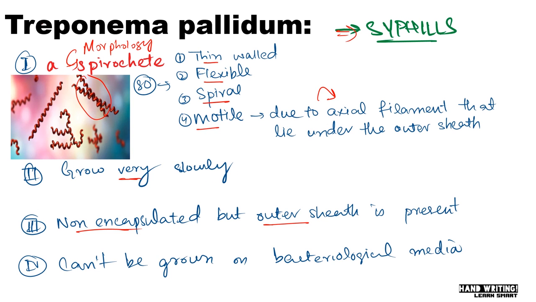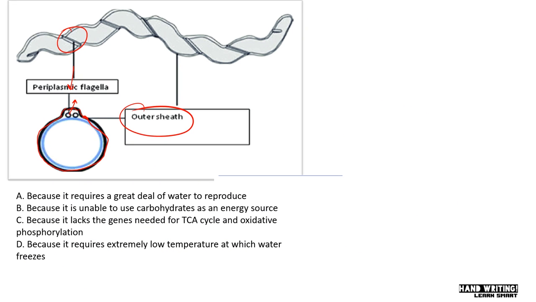The fourth important point is that it cannot be grown on bacteriological media, and there are some reasons which I found while searching the internet. One important reason is that it requires a great deal of water to reproduce, which ordinary bacteriological media does not contain. Second, it is unable to use carbohydrates as an energy source. Third, it lacks the genes required for the TCA cycle and oxidative phosphorylation, so it can't be grown on bacteriological media.